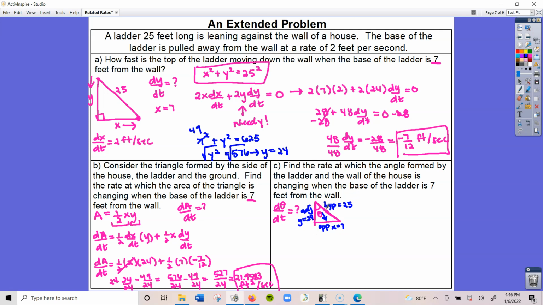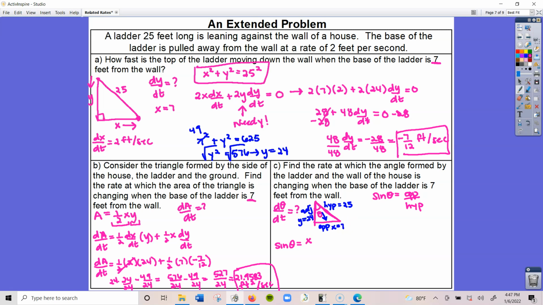Just to change things up from what we did earlier, I'm going to use sine. So sine of theta is going to equal, remember that you can only plug in constants. Sine is the opposite over the hypotenuse. My opposite side, which is x, is always changing, so I can't plug in 7.